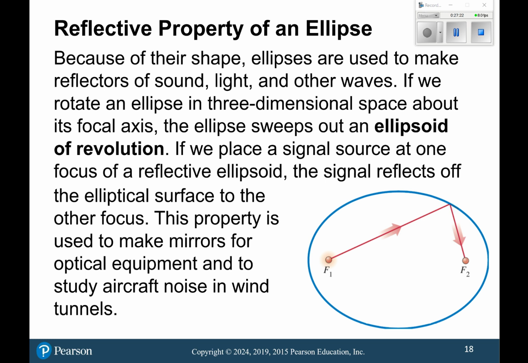As we looked at last section with the parabola, we take that focal axis, okay, we understand where the foci are, and use that as an axis of rotation, turn it into a three-dimensional object, we get an ellipsoid. If we put the source of a signal at one focal point, it will always reflect off and go to the other focal point.